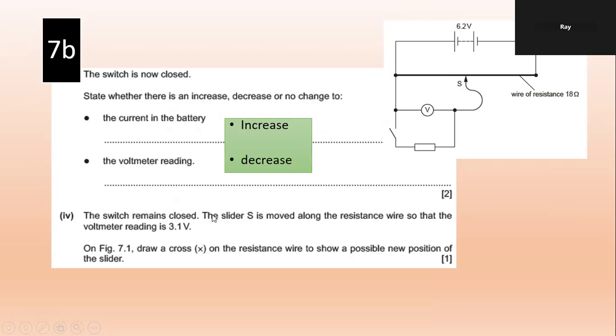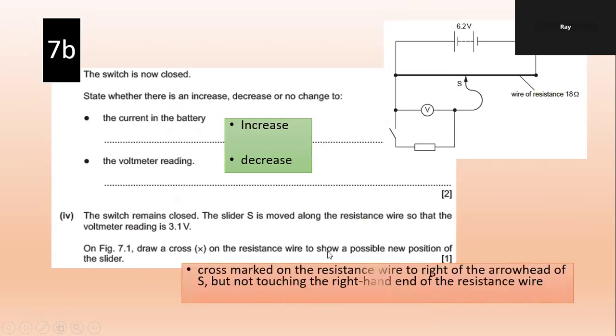The switch remains closed. The slider is moved along the resistance wire so that the voltmeter reads 3.1 volt. On figure 7.1, mark a cross X on the resistance wire to show the possible new position of the slider. Right, there's a marking scheme.